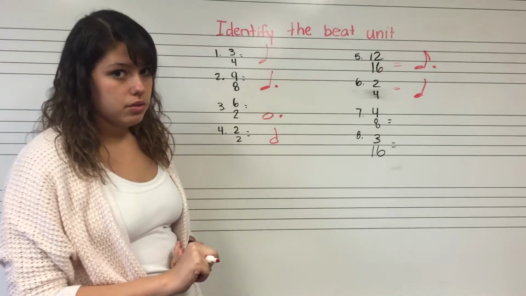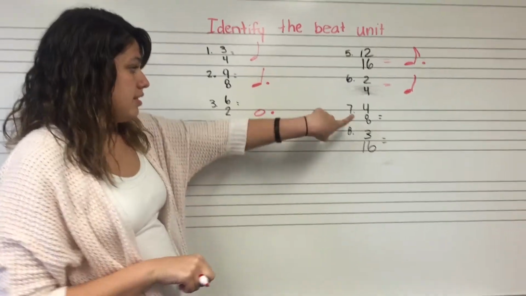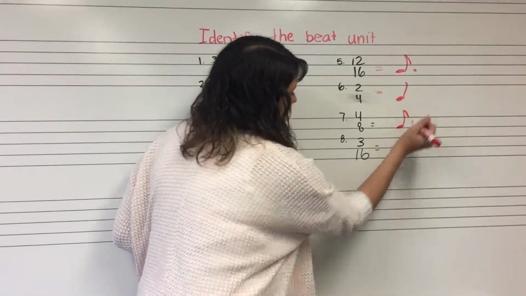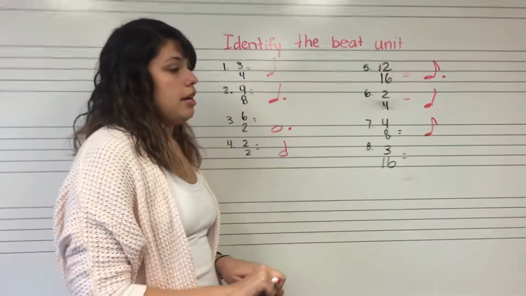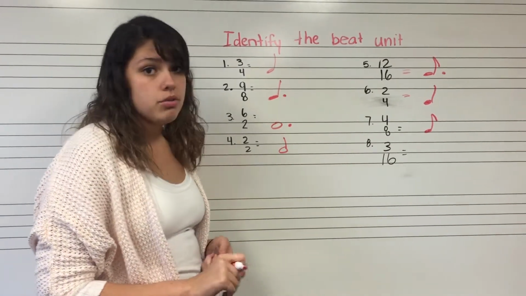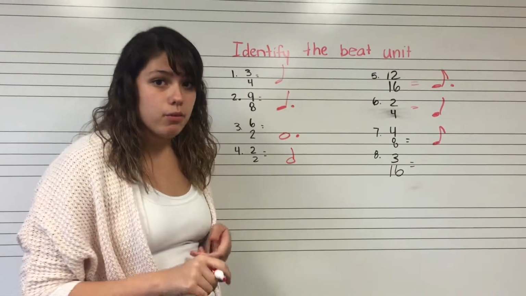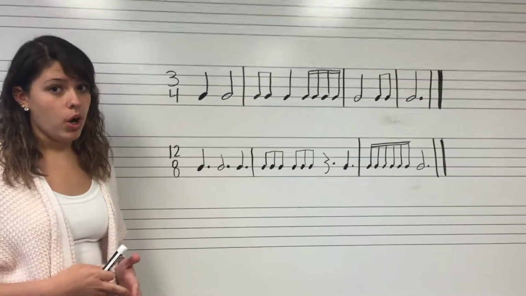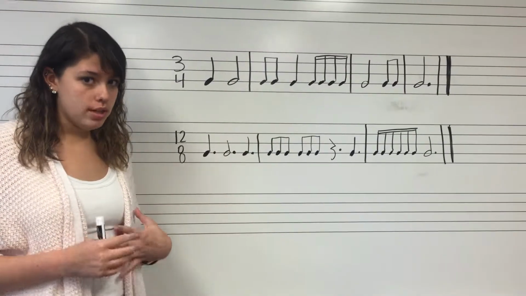Number 7, 4/8. Since it's simple, our unit is just going to be an eighth note. And number 8, remember, if the upper number is 3, it's still simple, and therefore our beat unit is just a 16th note.